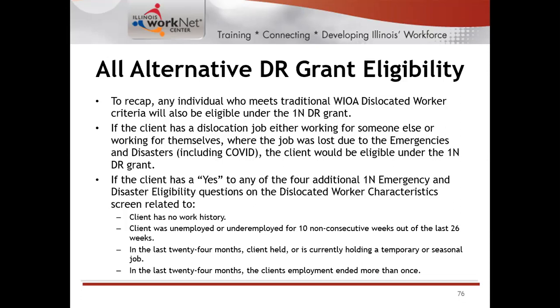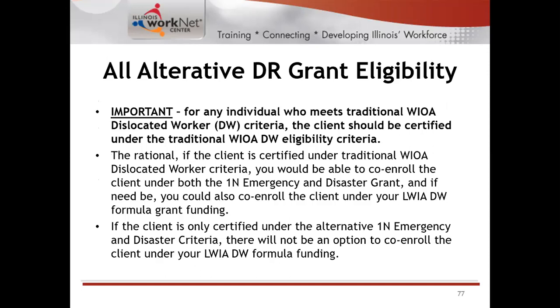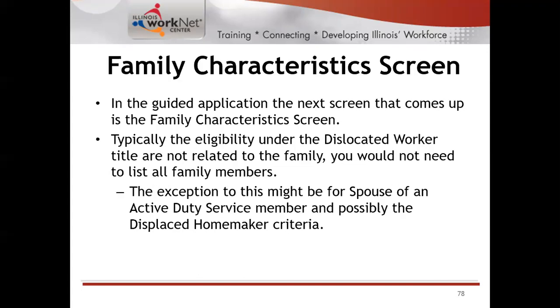If there is no traditional documentation for it, we're limited a lot of times to self-attestation or work history. Depending on the circumstances, if that's all it is, that's what would be appropriate. Thank you. Any individual who meets the traditional dislocated worker criteria, again, should be certified under that. We've touched on that before.